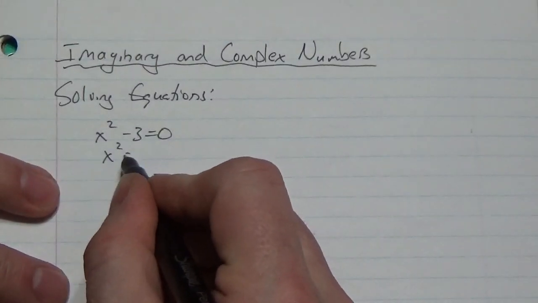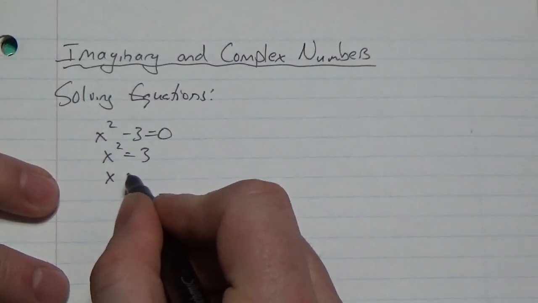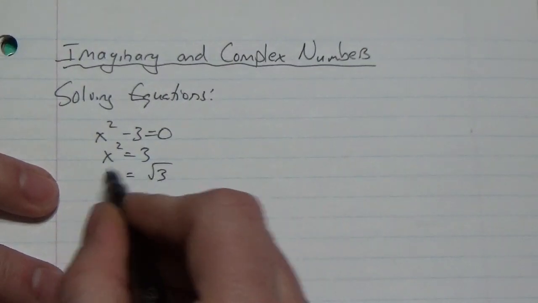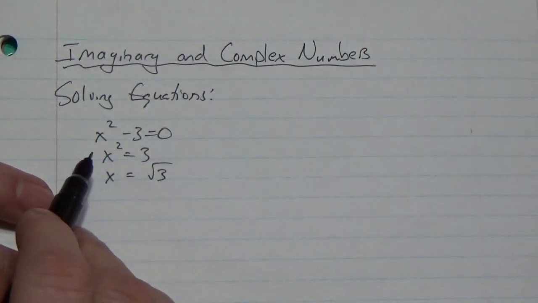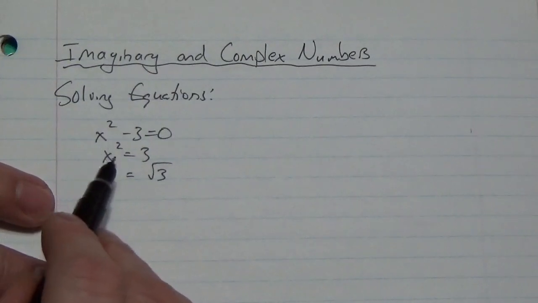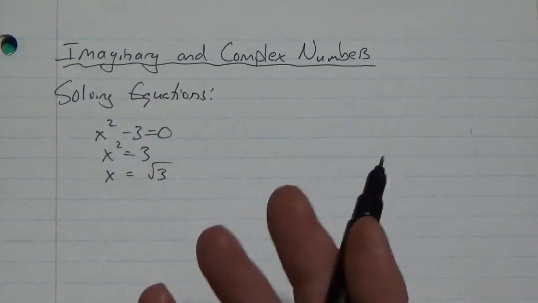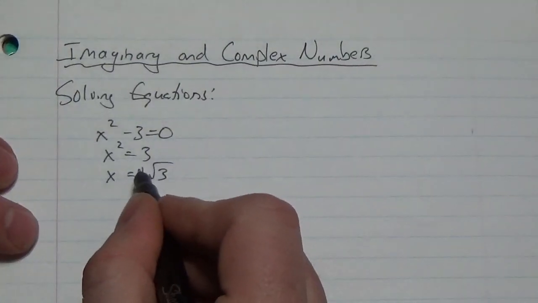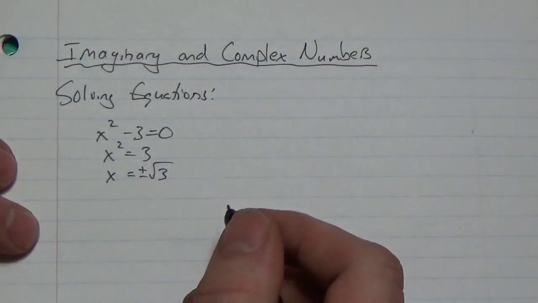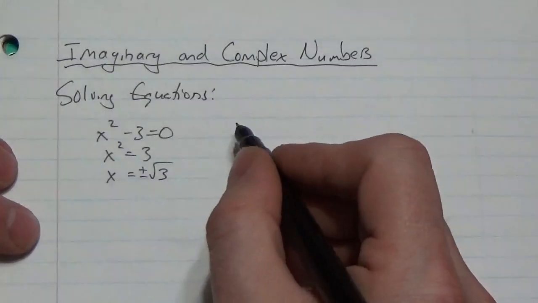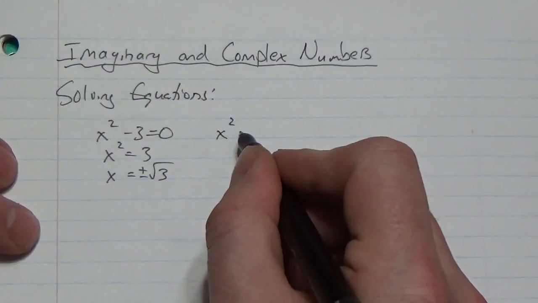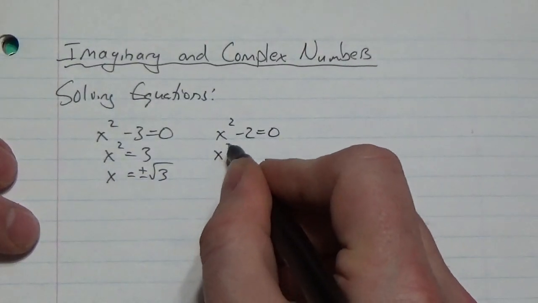We're going to bring the 3 over, and then take the square root of both sides. But because we were squaring the variable in the previous step, and squaring changes both positives and negatives to a positive, I don't know whether the original value was positive or negative, so x is plus or minus the square root of 3.